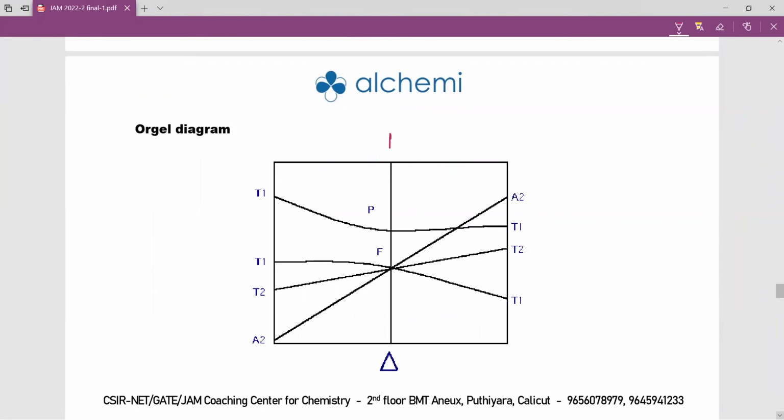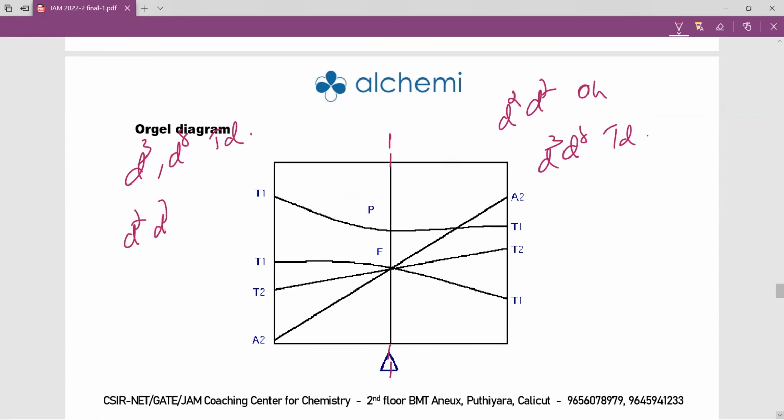This orbital diagram is not only for the d7 system. Its right side represents d2, d7 octahedral and d3, d8 tetrahedral, and the left side represents d3, d8 octahedral and d2, d7 tetrahedral.